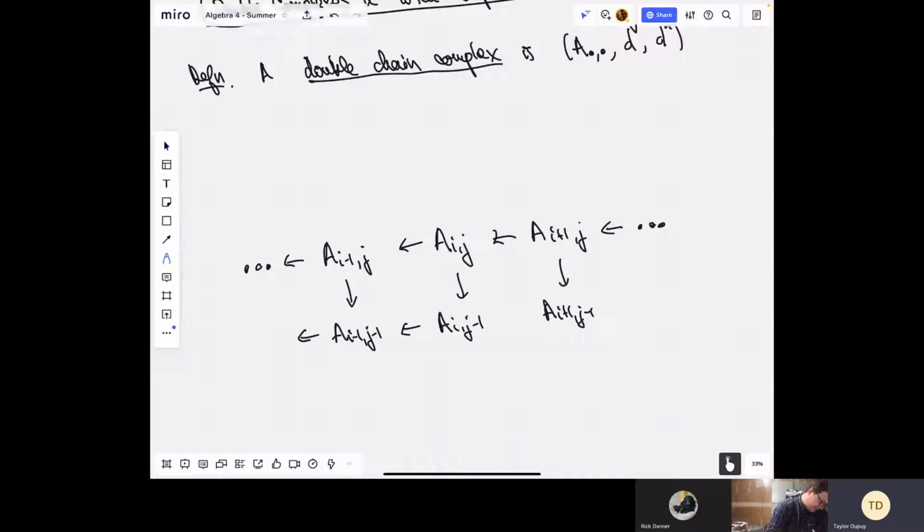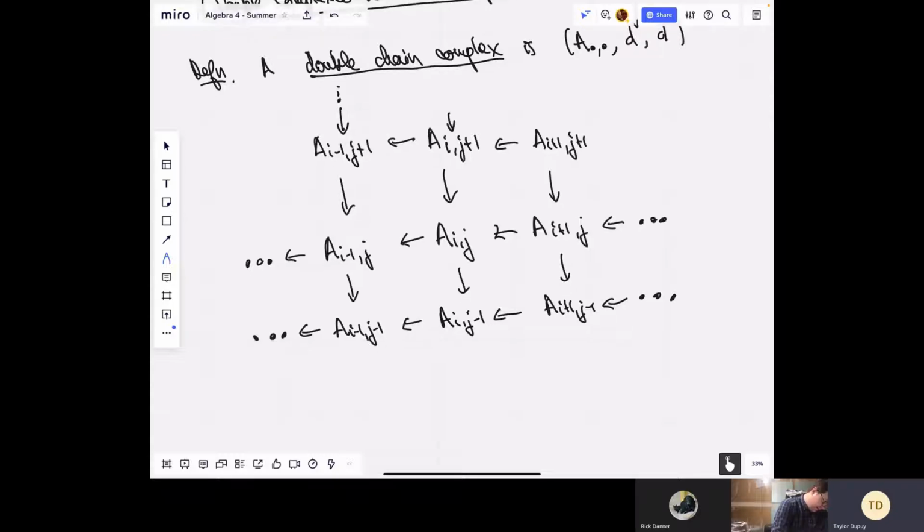It's just like a chain complex in two directions, or a bunch of chain complexes. And this keeps going. Then this goes A_{i+1,j+1}, A_{i,j+1}, A_{i-1,j+1}. So we have arrows going down, arrows going this way, and we keep going like this, and maybe this keeps going as well.